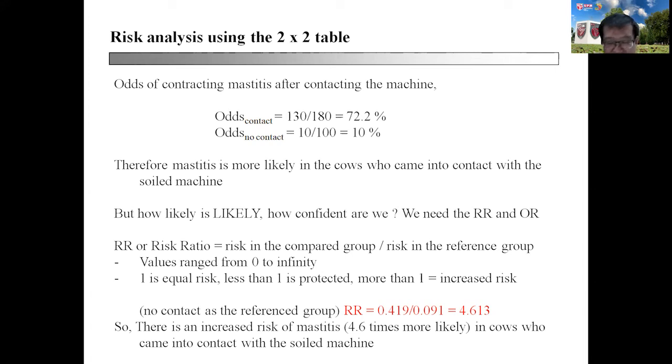The values range from 0 to infinity, where 1 is equal risk, less than 1 is protected against, and more than 1 is increased risk of. Based on this, we can calculate the risk ratio, which is 0.419 divided by 0.091. It gives us a value of 4.6. It simply tells us that those animals that come into contact with the machine tend to have 4.6 times more likelihood to get mastitis.